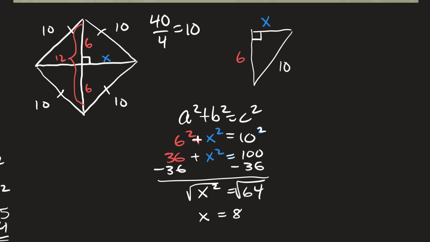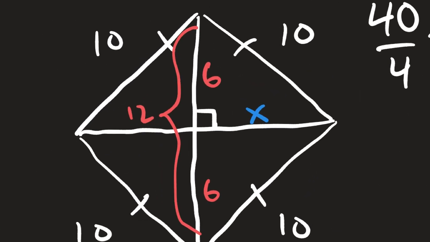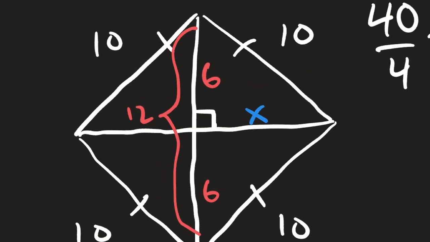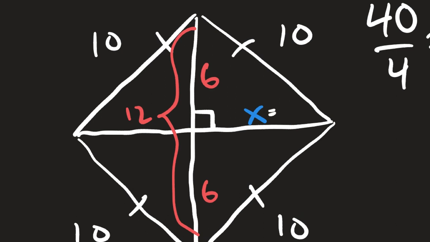So if I go back into my drawing here, x is equal to 8, and this other side, x is equal to 8.